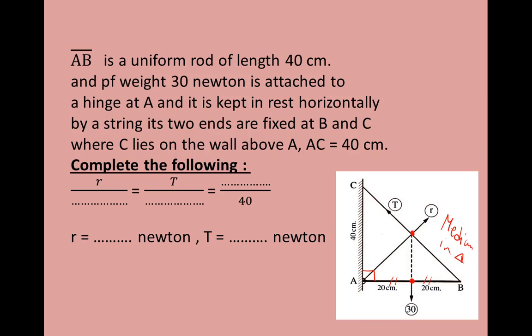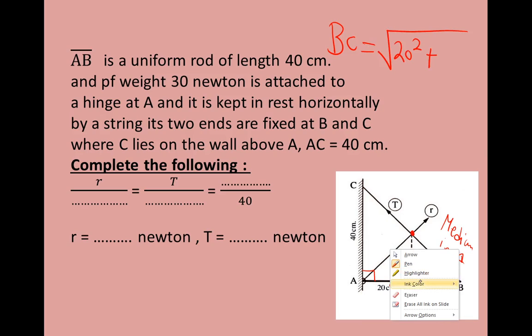Median in the triangle. And the length of the median in the right angled triangle equals half the length of the hypotenuse BC. Here, BC equals square root of 20 squared plus 40 squared.